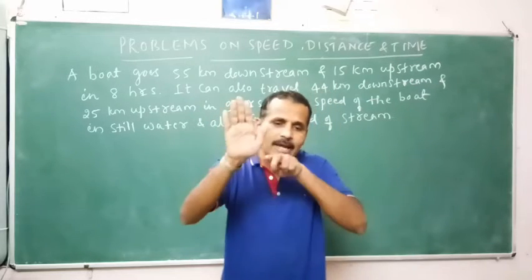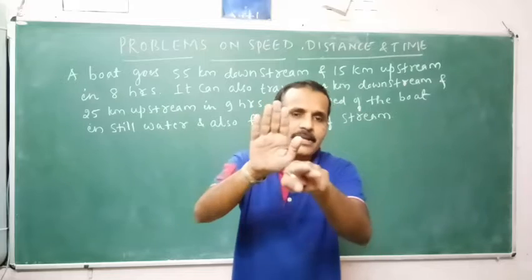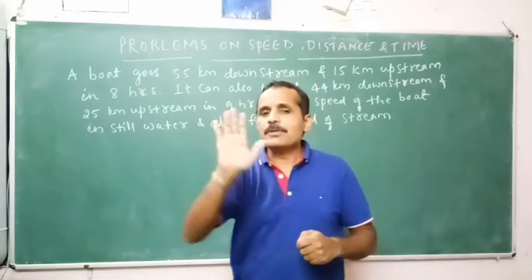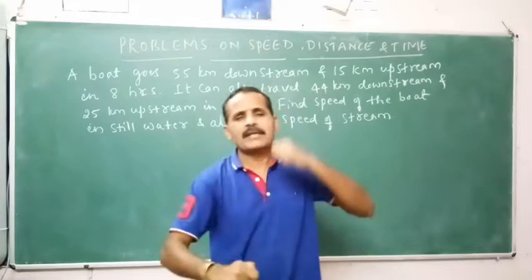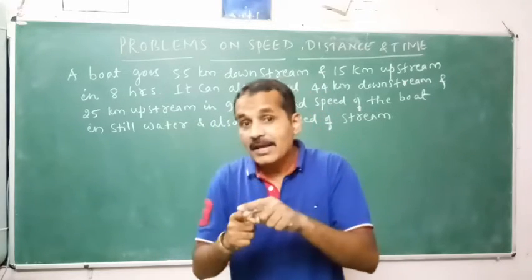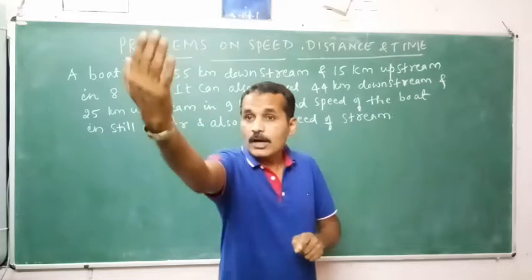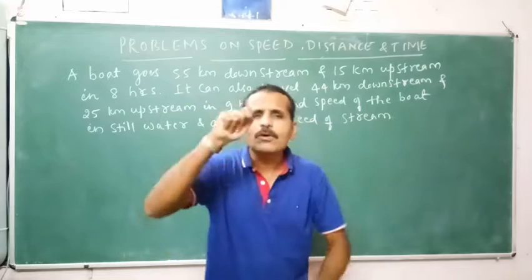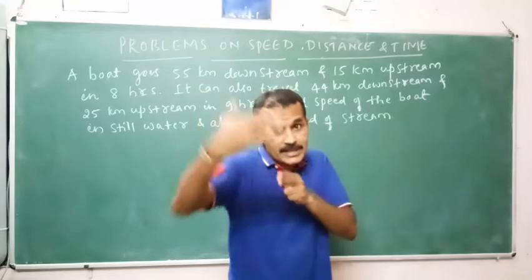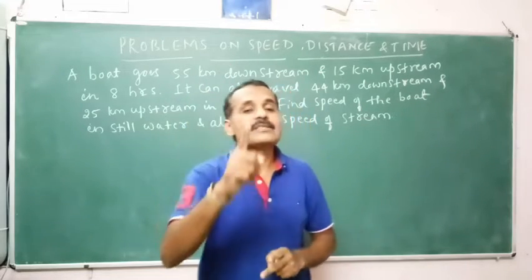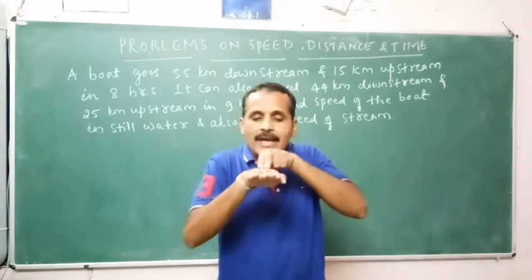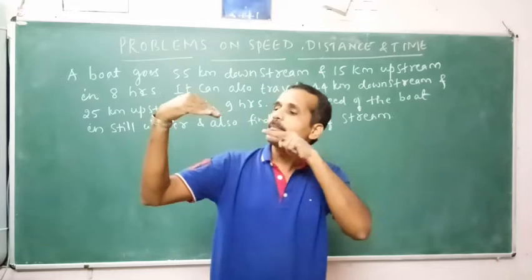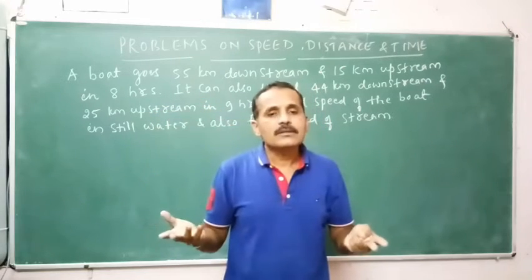If the wind blow and the cycle are in the same direction, you feel very comfortable because there is some air pressure from the back side, and you can pedal very easily. But if the wind blows from the opposite side and you are cycling opposite to it, you find it difficult to pedal because you have to chase that wind. When you are going along with the stream, it is called downstream. When you are going opposite to it, it is called upstream.